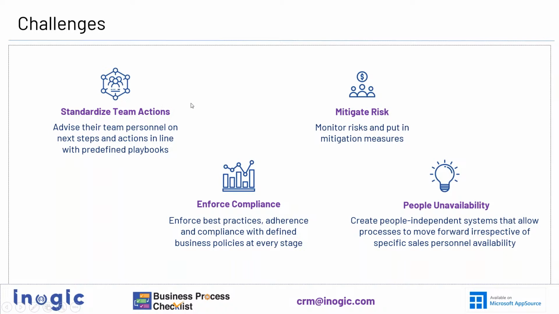Now, let me illustrate this with a real life example. During a discussion with one of my customers, the sales manager expressed dissatisfaction with how his sales executives were handling the lead nurturing. Now, the complaint was despite receiving a steady flow of leads, the team was really struggling to close the deals.